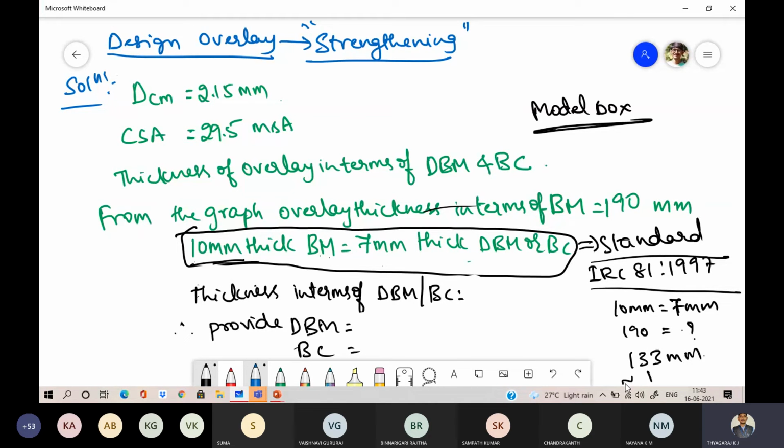We'll round it to 135 mm. So we'll provide 95 mm DBM and 40 mm BC.